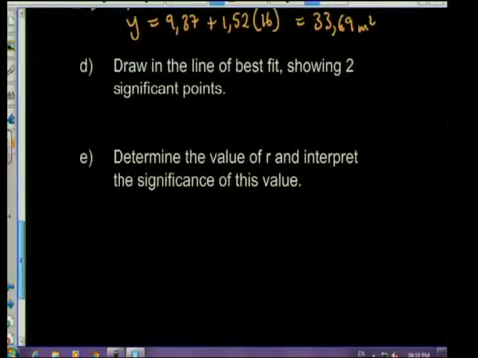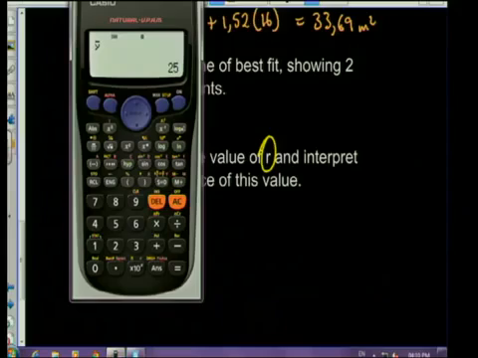Now, the final part of this question says, determine the value of r. Now, r was that other variable that's on your calculator, so we're going to go and find it. So let me pull it up, let me work out the value, and then we're going to interpret what r means. Okay, so we'll go back in the calculator. Remember, we don't want to re-input the data, we want to access the data.